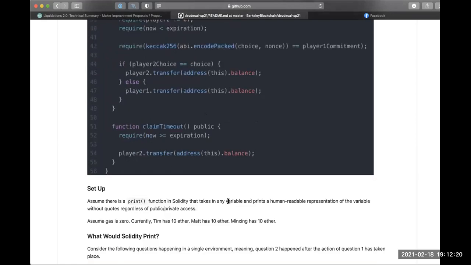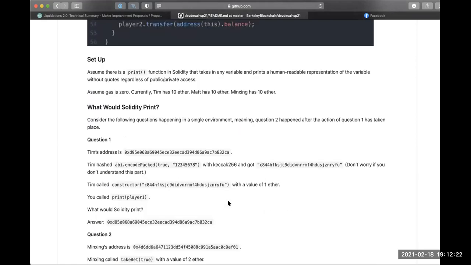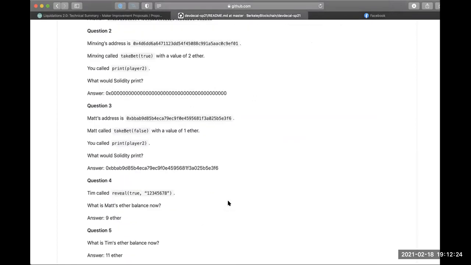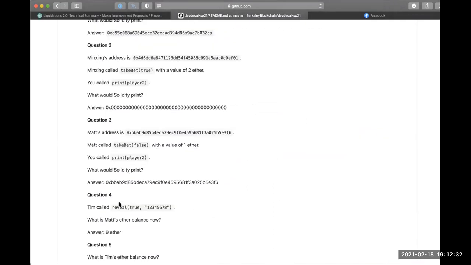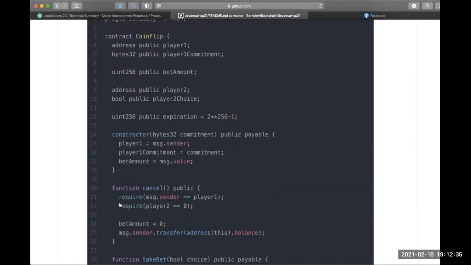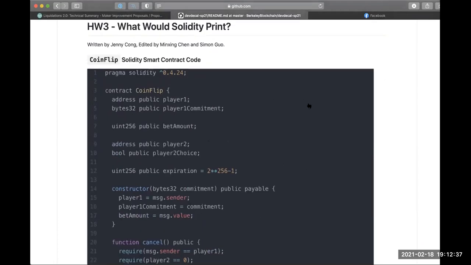Yeah, that's what I thought. If the contract only has just one, player one dot transfer, the balance, and there's no reference to player two in that line. So player two should have already lost 1 ether.